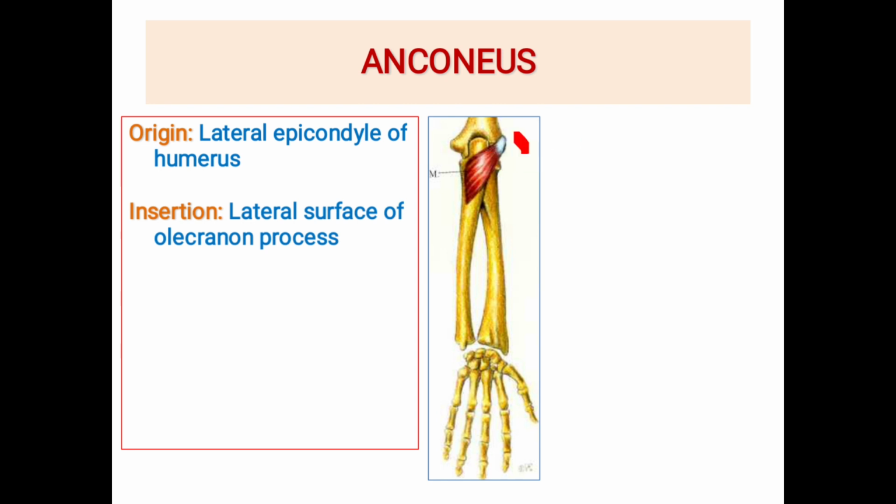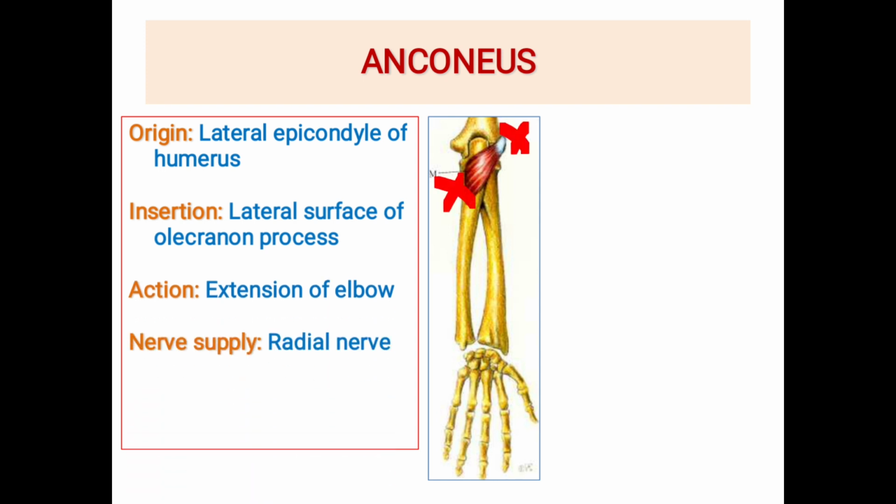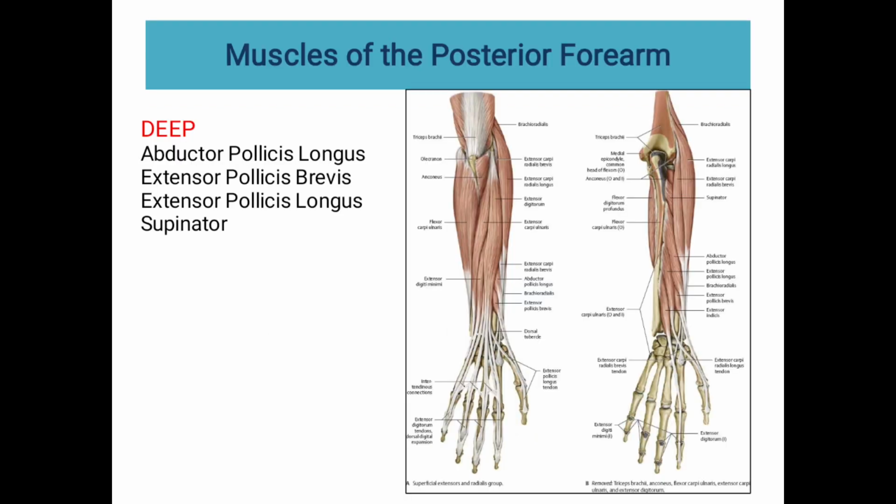Okay, this is the origin, lateral epicondyle. Then insertion is right here, the ulna. Particularly the olecranon process of the ulna. Okay, extend the elbow only. Yeah, that's all. Radial nerve, synthesis, and extensor.